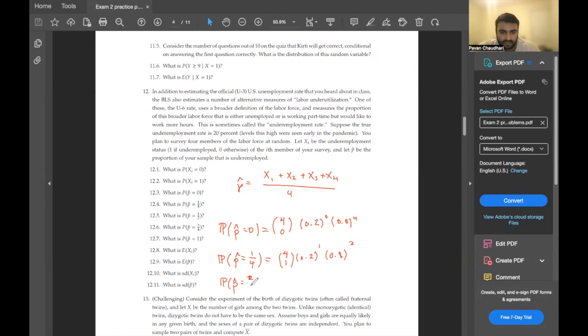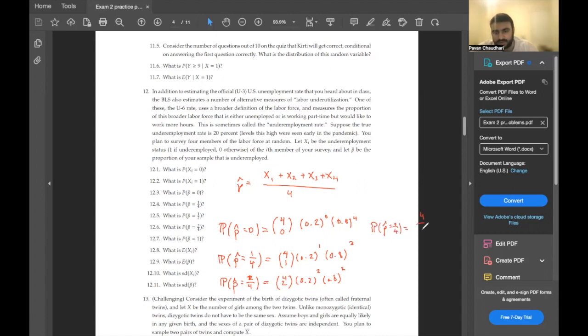Okay, and then same thing for 2/4. That means 2 of these out of all 4 of them are going to be underemployed. The other 2 are going to be not underemployed. So it's going to be 4 choose 2, 0.2 to the 2, 0.8 to the 2. And then for 3/4, I think you're seeing the pattern, right?